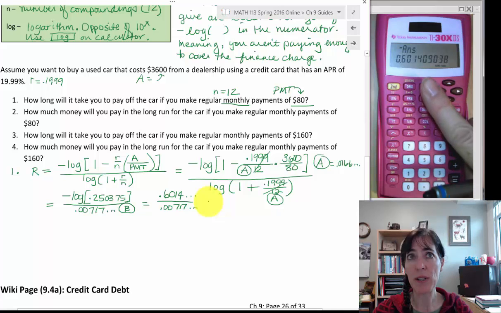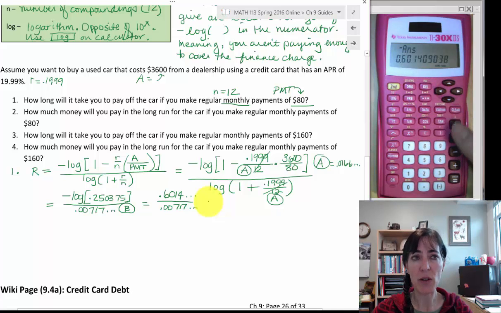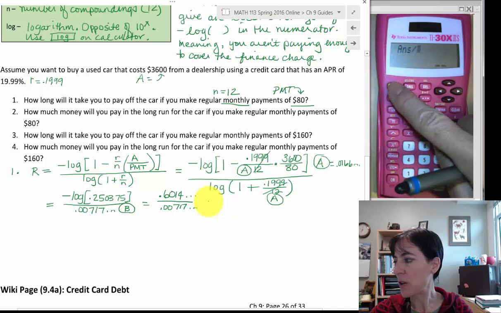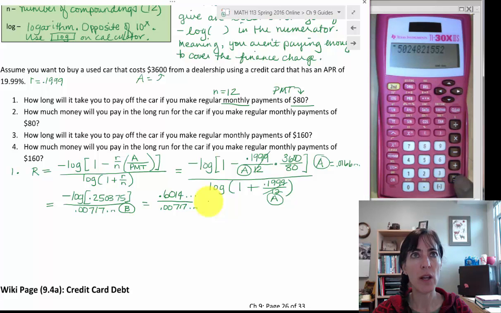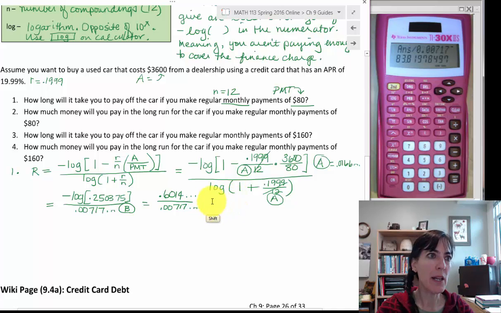And the 0.6014 is sitting on my calculator, and then I will do divide and recall B, enter one more time, and I get 83.82 months.